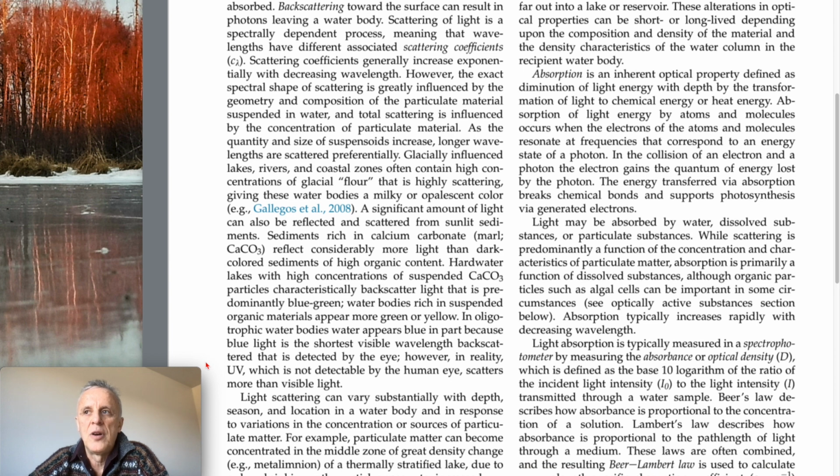The metalimnion is the middle depth of a lake. The epilimnion is the upper depth of a lake, and the hypolimnion is the lower depth of the lake. These alterations in optical properties can be short or long-lived depending upon the composition and density of the material and the density characteristics of the water column in the recipient water body.